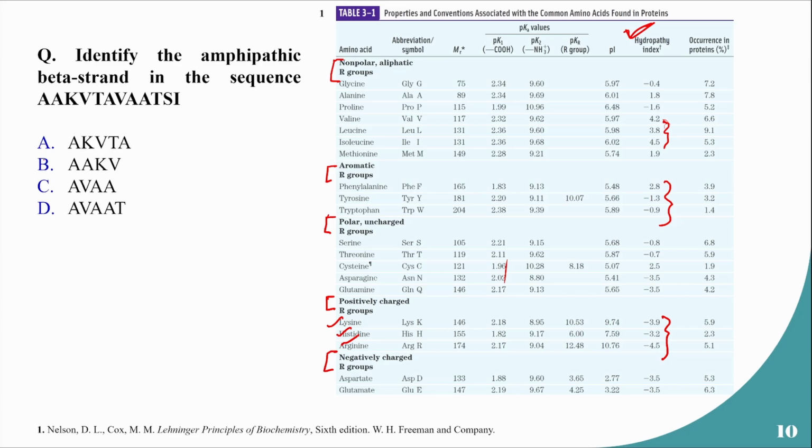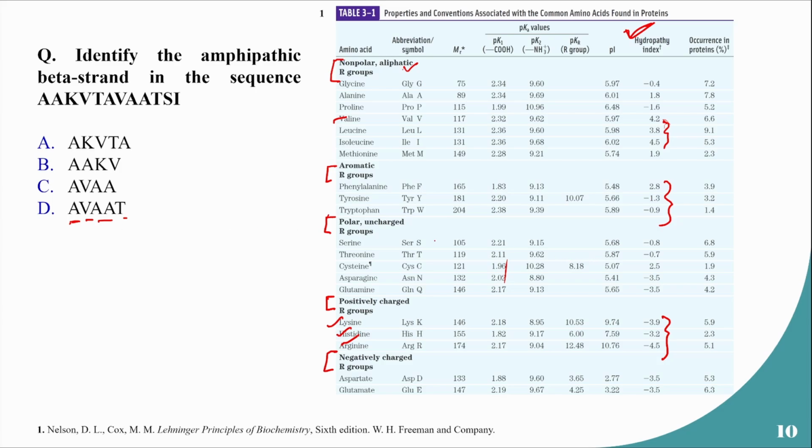If you look at these sequences, for example, alanine: what is alanine? Alanine has a non-polar R group, with a hydropathy index of 1.8. After that you see valine, which is also non-polar, and then two alanines, and threonine is also there.